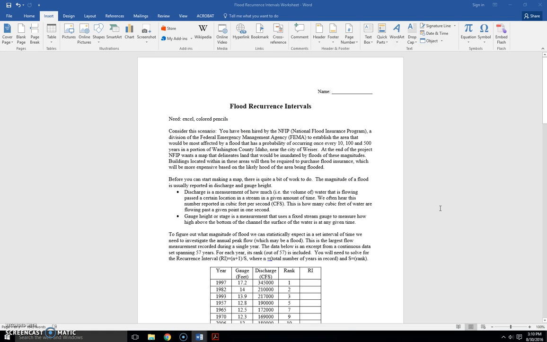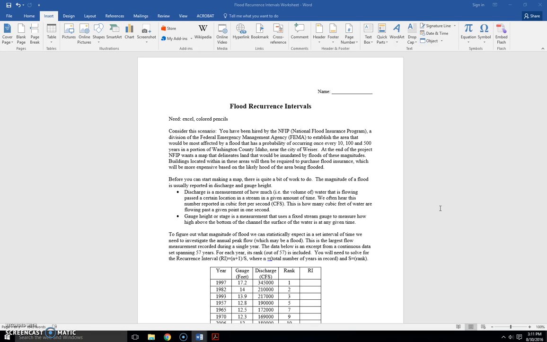The magnitude of a flood is usually reported in discharge and gauge height. Discharge is a measurement of how much, i.e., the volume of water that is flowing past a certain location in a stream in a given amount of time. We often hear this number reported in cubic feet per second, CFS, or cubic meters per second, CMS.